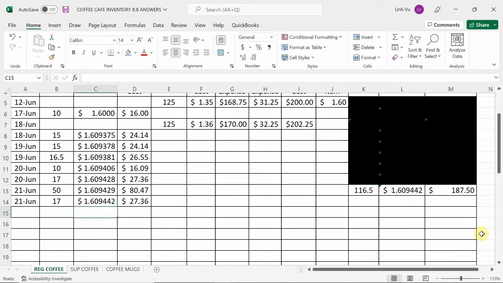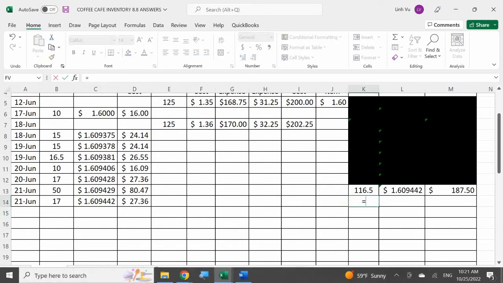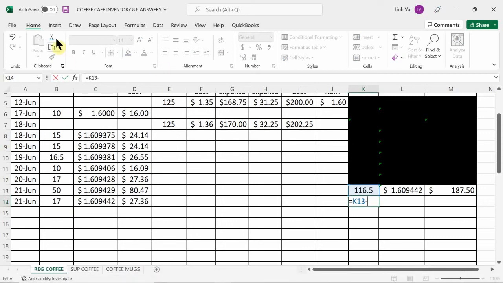$27.36. Good. So let's subtract that out. How much should you have left in pounds if you sold 17 pounds? 99 and a half.